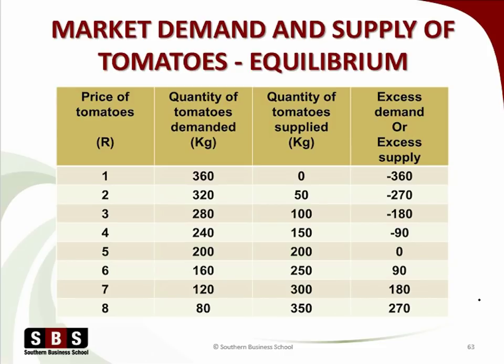So if the quantity demanded is 240 and the quantity supplied is only 150, then there will be a shortage in the market. People will demand more than what they can supply. So there will be a shortage of tomatoes in the market. So that's all this table shows you. There will be a surplus of tomatoes. Of course, the amount that's demanded of tomatoes is less than what is supplied.